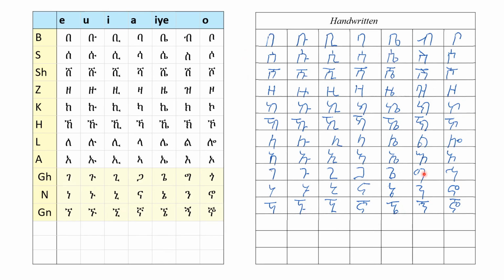Those are the handwritten letters. Let us read. be, se, she, ze, ke, he, le, a, ge, ne, nye. We read again the new letters. Ge, gu, gi, ga, gie, g, go.